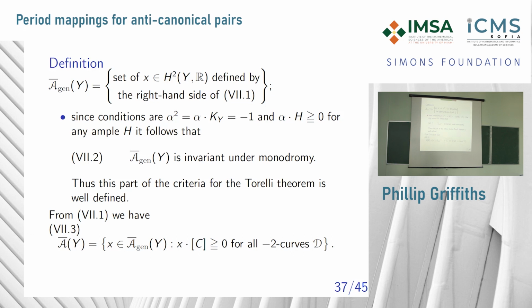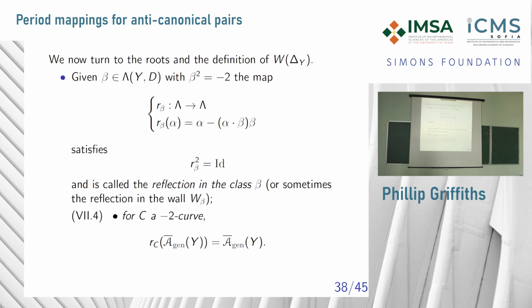So the next step is to look at the characterization of this closure of the ample cone and relate it to the generic ample cone. I'm not going to give that argument. It's very similar to the one I just gave.